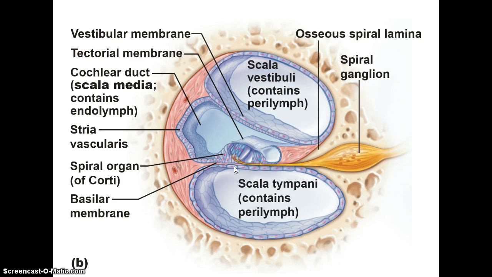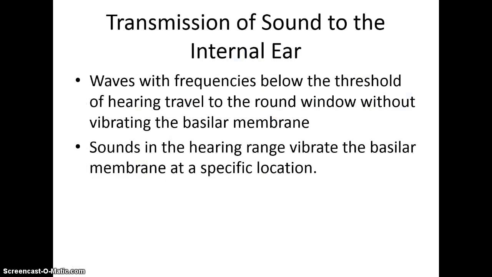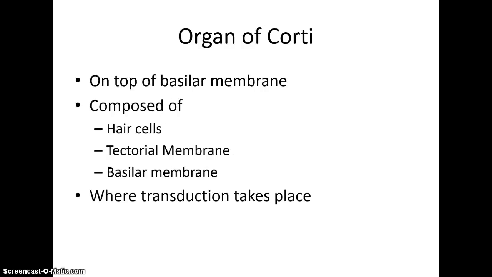So we've come back to where we left off before with sounds in your hearing range vibrate the basilar membrane at a specific location. So now we have to talk about what's on top of that basilar membrane and how those structures transduce sound or vibration into sound.